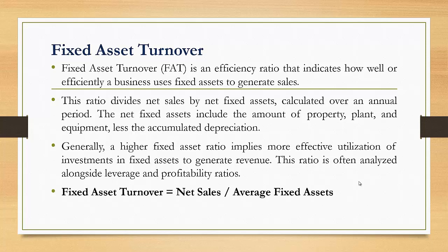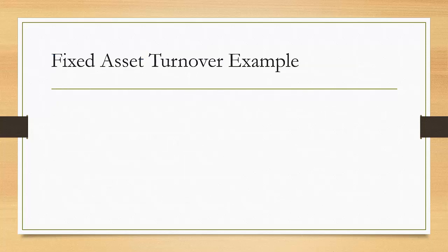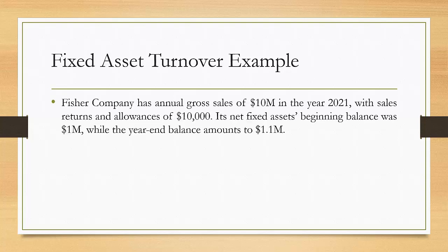Here comes the formula of fixed asset turnover. You can see that we need to divide net sales by average fixed assets. Let's have a look at the example. Fisher Company has annual gross sales of $10 million in the year 2021 with sales returns and allowances of $10,000.